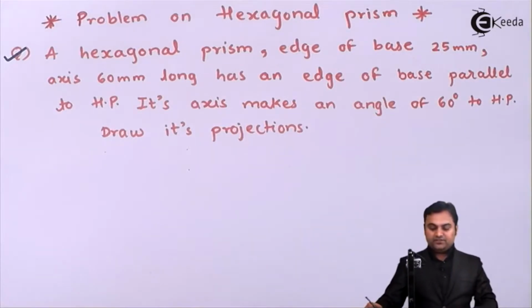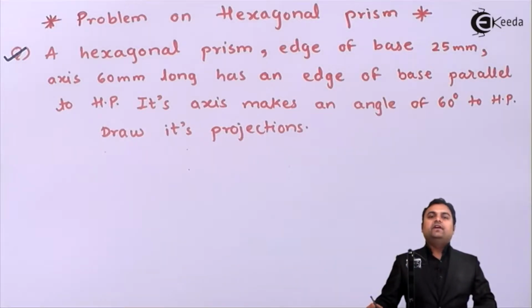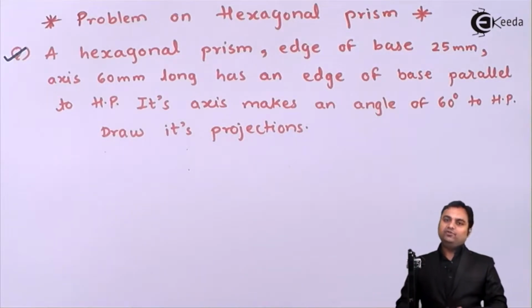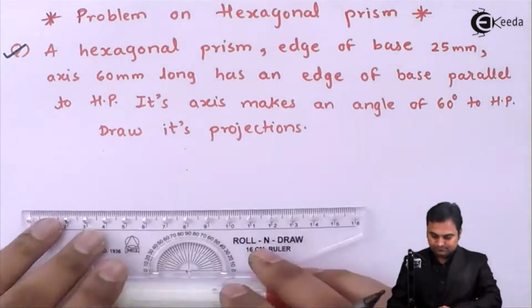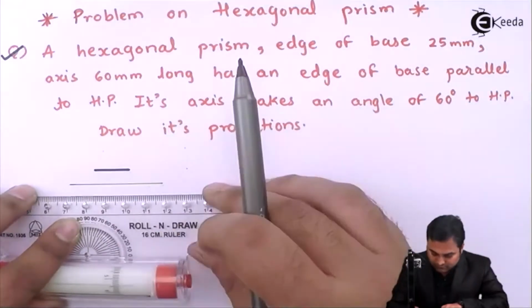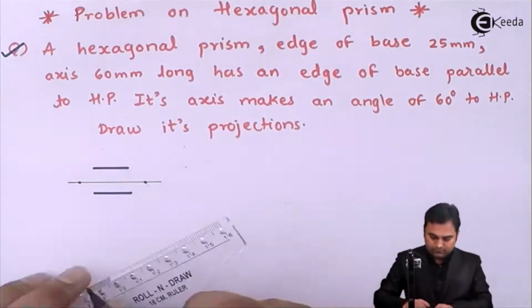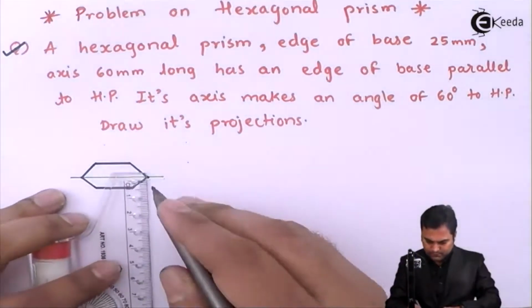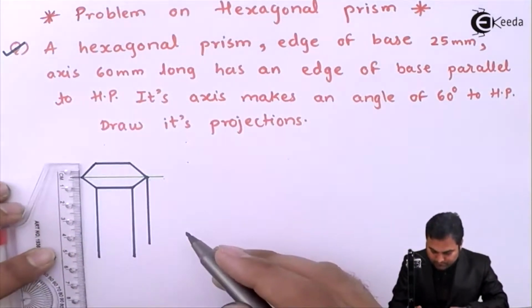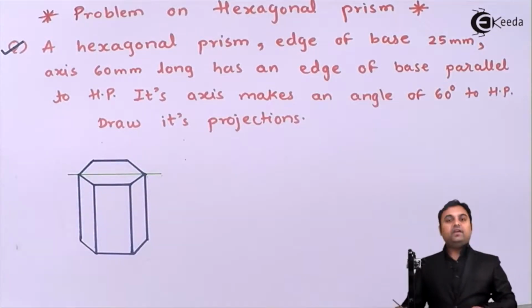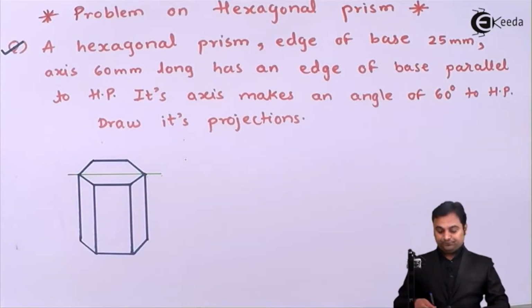Just by reading it, it is understood that the type of solid is hexagonal prism, and for that I'll explain the initial condition that we have to use here. So here we have a hexagonal prism.